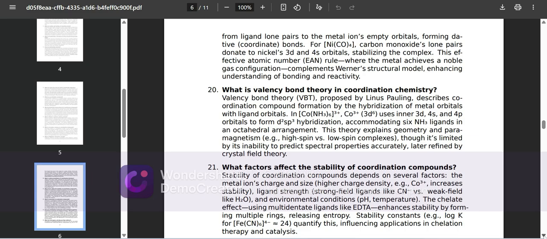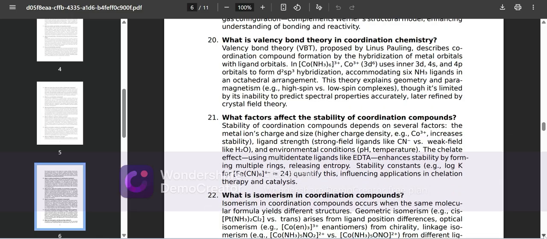This theory explains geometry and paramagnetism, for example high spin versus low spin complexes, though it is limited by its inability to predict spectral properties accurately, later refined by crystal field theory.